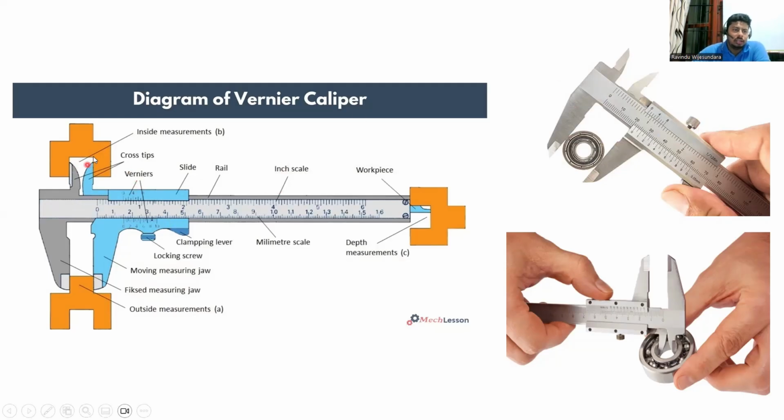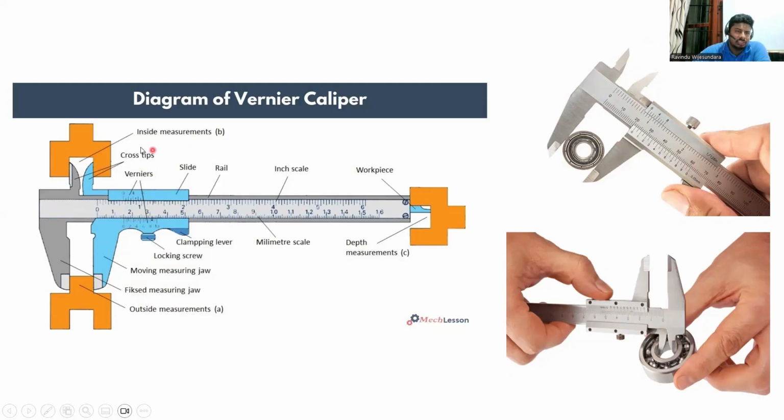Then on the upper side, you have two special shapes like that. You can check the right hand side diagram also, where you can see them clearly on a real life vernier caliper. These are called internal jaws.